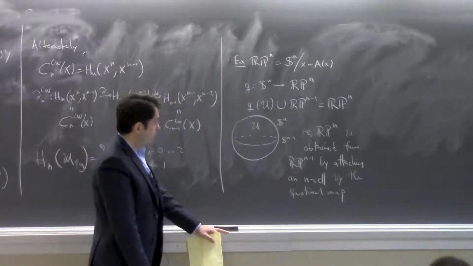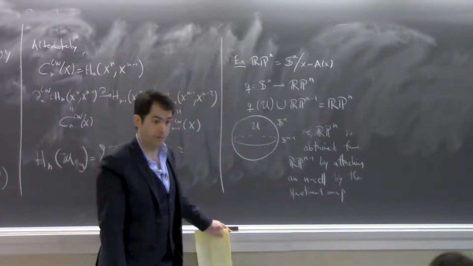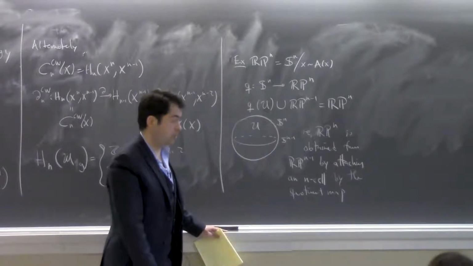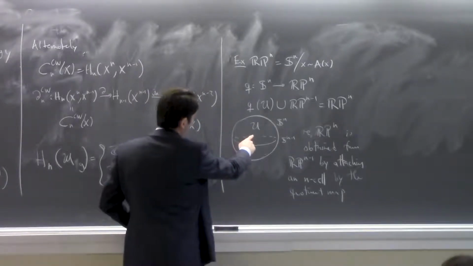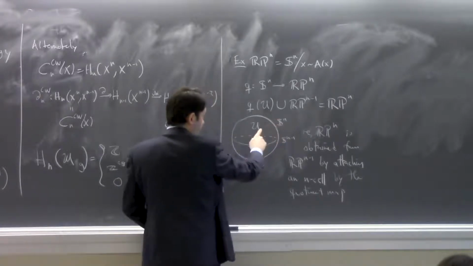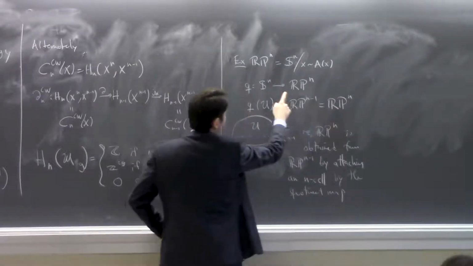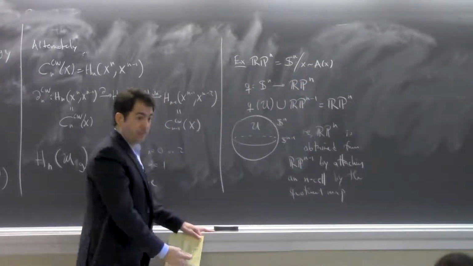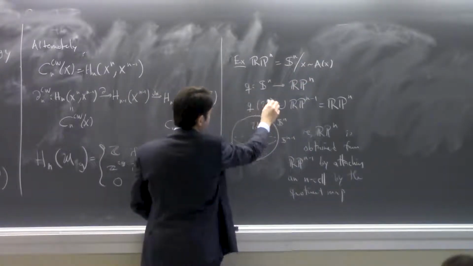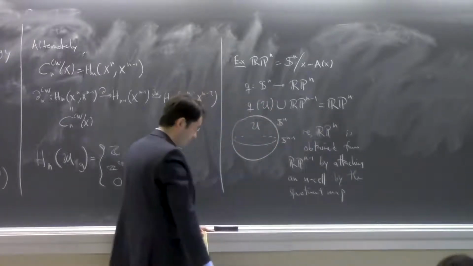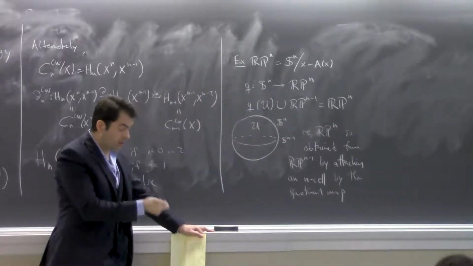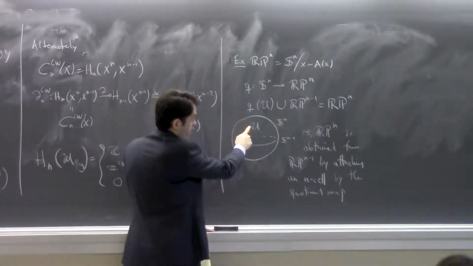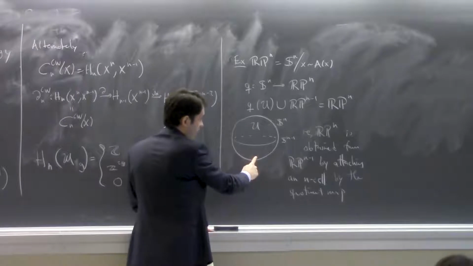Sorry, can you say again why it's Q of U union RPn minus 1? Sure. If you look at the sphere, you get RPn by taking the quotient where you've identified every point with its antipodal point. So if we take U to be the upper hemisphere, then we're not doing anything to points in U, because from the sphere, they would have gotten identified with somebody in the lower hemisphere.